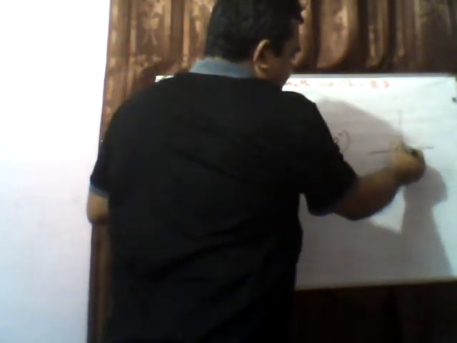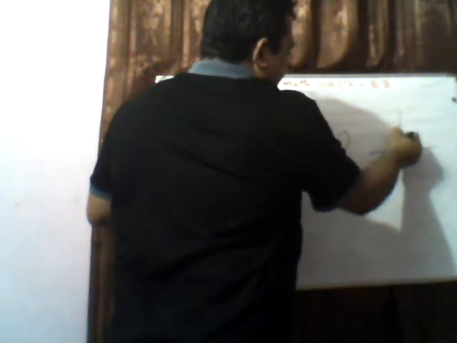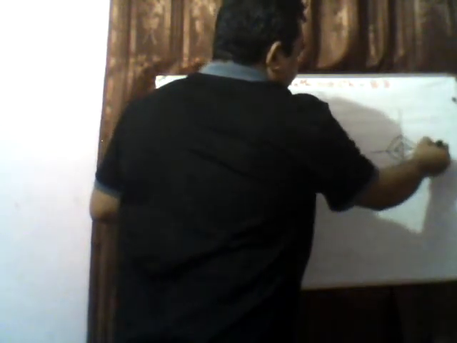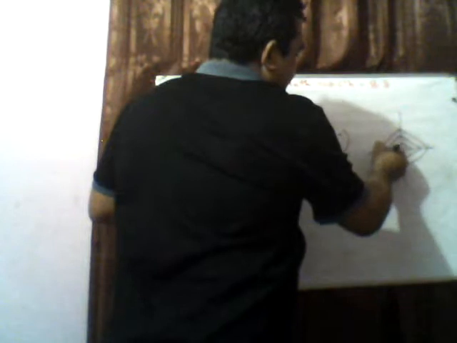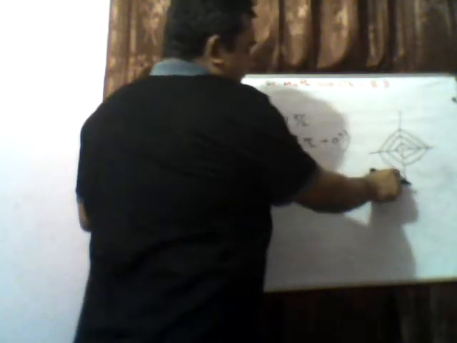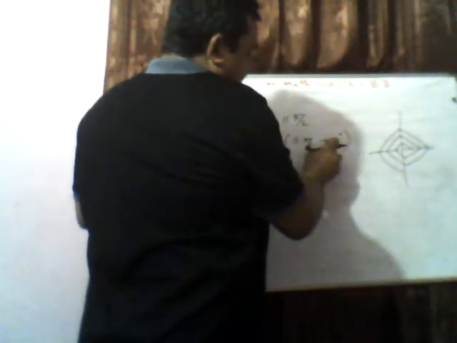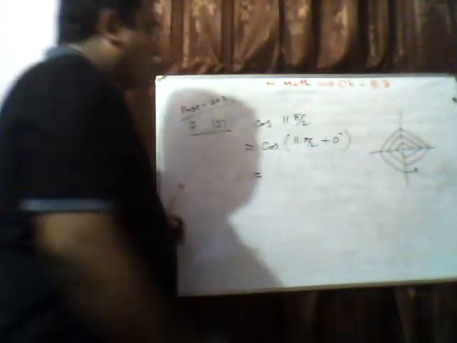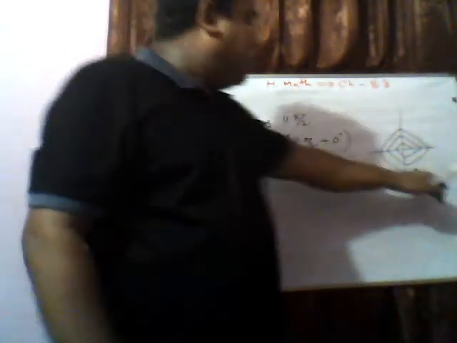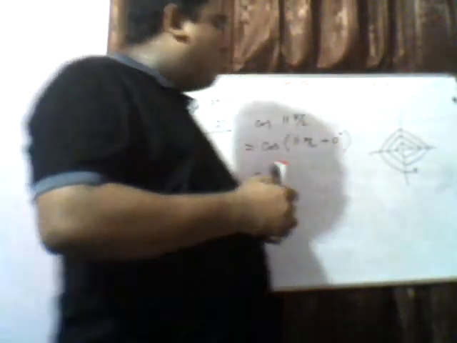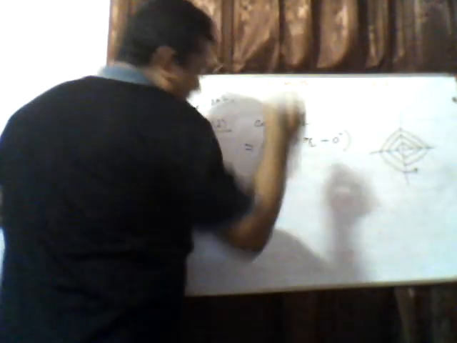Counting π/2 eleven times: 1, 2, 3, 4, 5, 6, 7, 8, 9, 10, 11. This is the third quadrant. But the sign is plus, so it passes to the fourth quadrant. Is cos negative or positive in the fourth quadrant? We know cos is positive in the fourth quadrant, so the sign is plus.